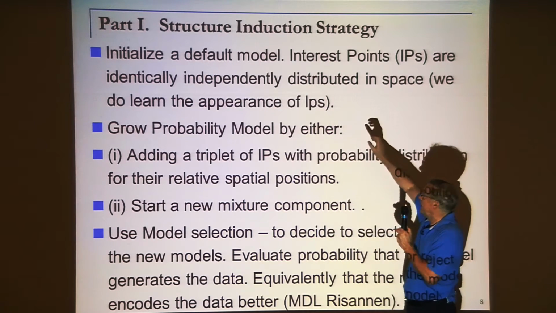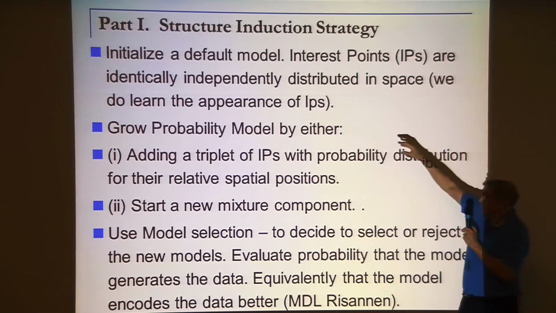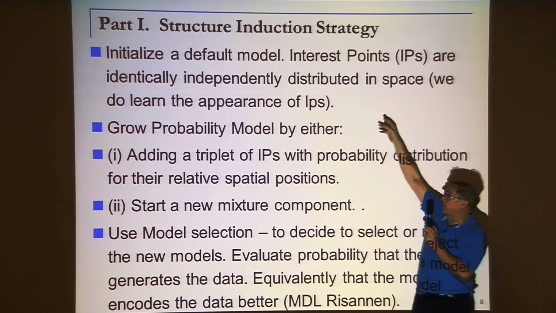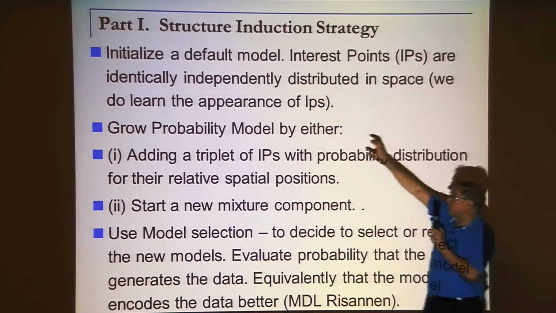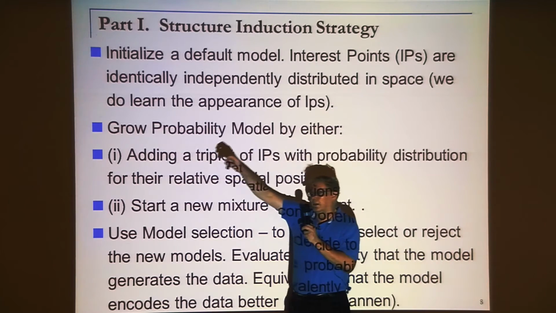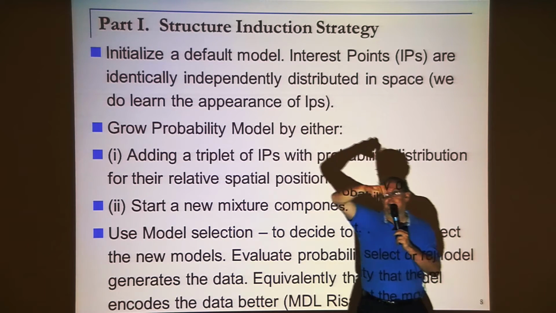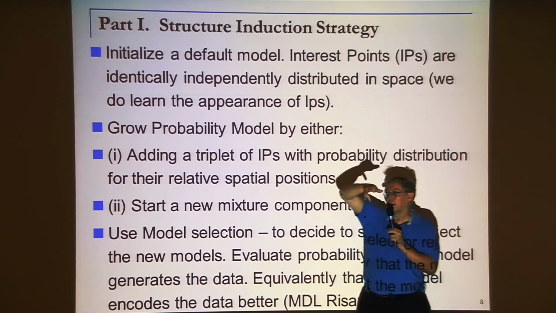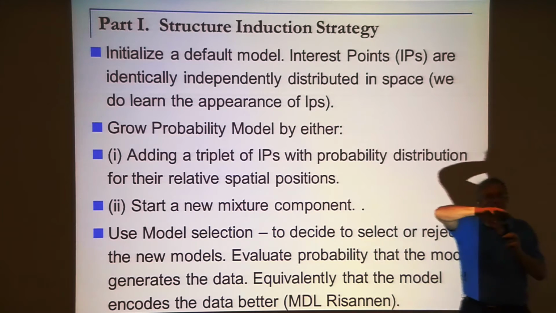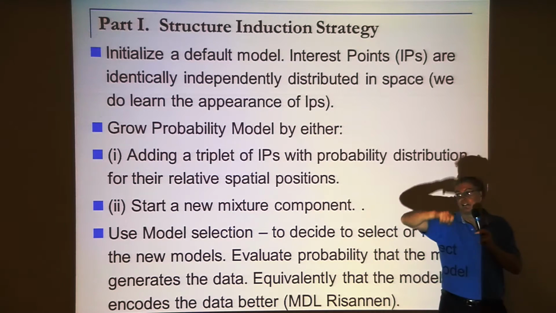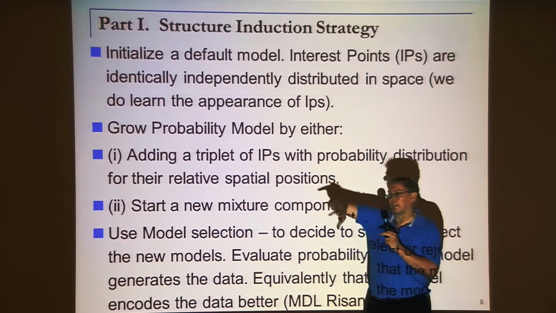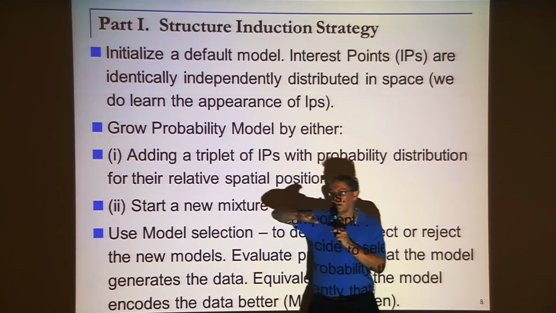So once you've got a model, which could be just a straightforward background model like that, you can grow the model by now looking for triplets of interest points that have certain reliable spatial relations. They could be modeled by a Gaussian distribution of their relative positions, sizes, and so on.